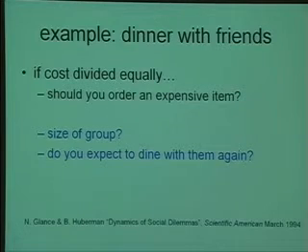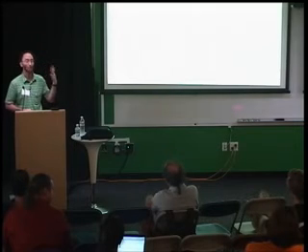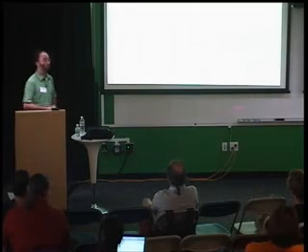Here's a very simple example that you might just think about if you've ever actually been in a situation like this. You're out to dinner with a group of friends, and let's say they're going to divide the cost afterwards equally. So what do you order? Cheap, expensive, compared to what everyone else is doing. And just think about it introspectively. Does it matter how big the group is? Usually in a larger group, you're a little bit more anonymous.